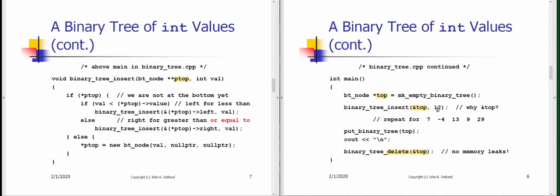The second argument being passed in is simply the integer value that we want to store into our tree. So let's see what happens when we call binaryTreeInsert, passing the address of top and 12, with the tree being initially empty.